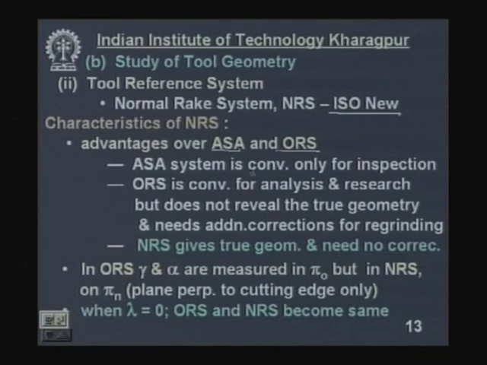But the ASA system is convenient only for inspection purposes, and it is not that good for other purposes. The orthogonal system is very common and convenient for analysis, tool geometrical analysis and research, but does not reveal the true picture of the tool geometry, and it also needs additional corrections, some calculations for regrinding.